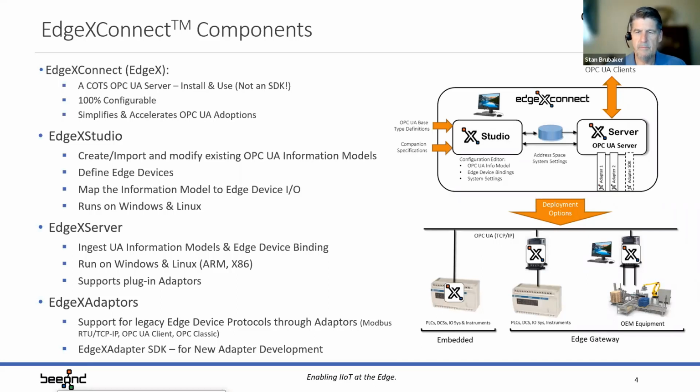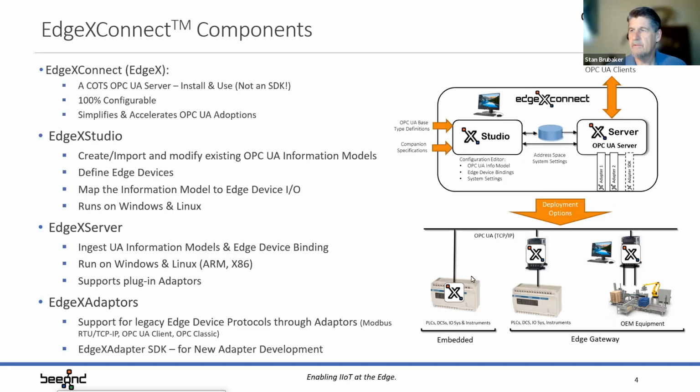We run on Linux, Windows, various ARM devices, Raspberry Pi. So we run on small platforms, and as shown in the picture, we have Studio as the configurator and the server with the adapters.